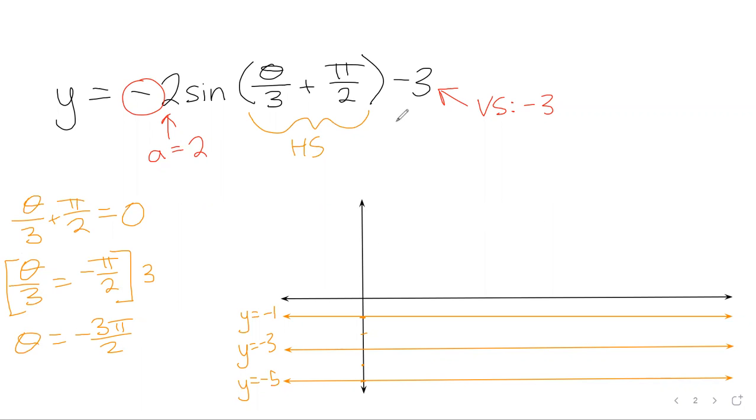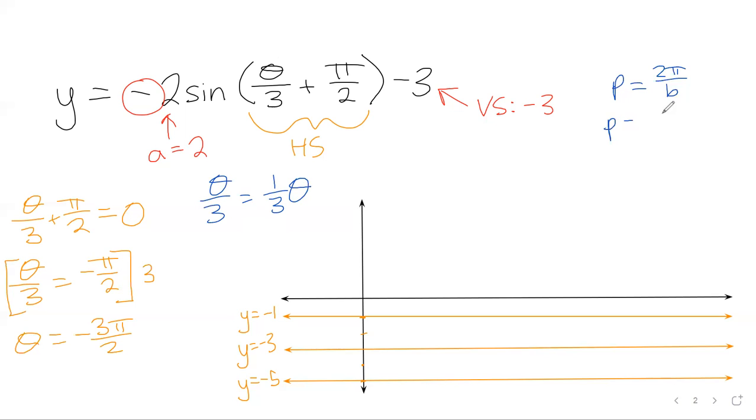And then last thing is we'll do the period. So find some room over here. Period equals 2 pi over b. Recall that when we have something like this, theta over 3, that's the same thing as saying 1/3 of theta. So b is 1/3.